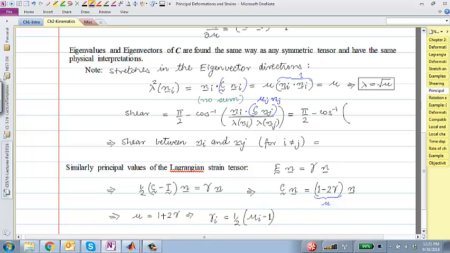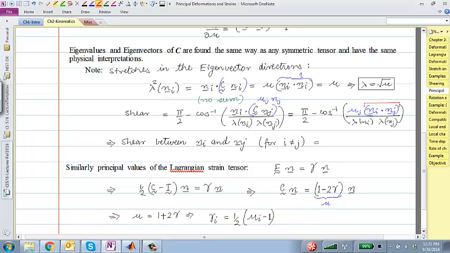Do you agree? So what we would get would be mu j Ni dot Nj divided by lambda i and lambda j. Denominator remains the same. What is Ni dot Nj?